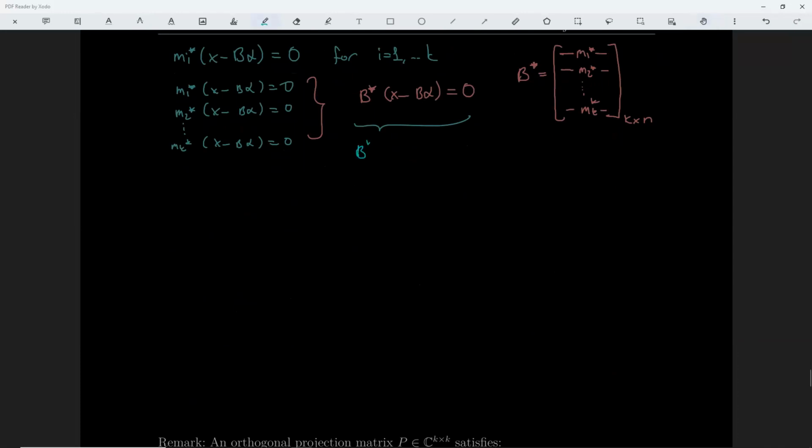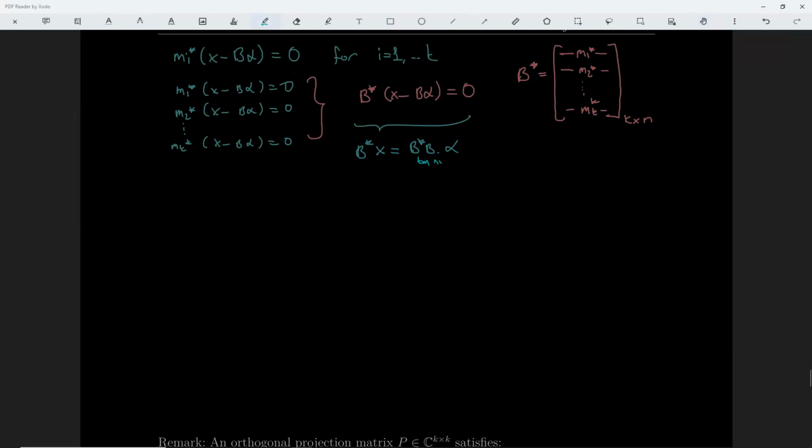So from there I can write B conjugate transpose X is equal to B conjugate transpose B times alpha. Okay. And here, this was a K by N matrix. Okay.